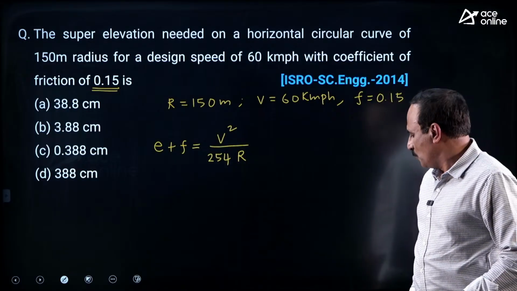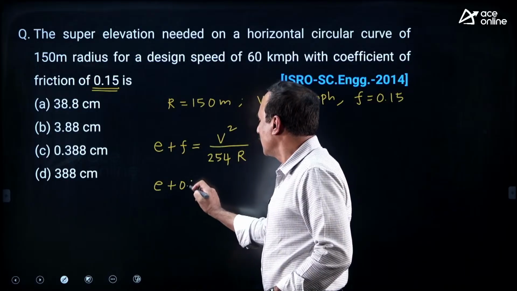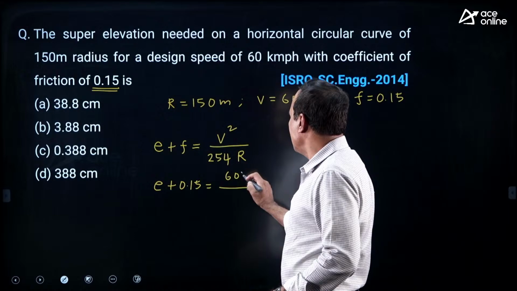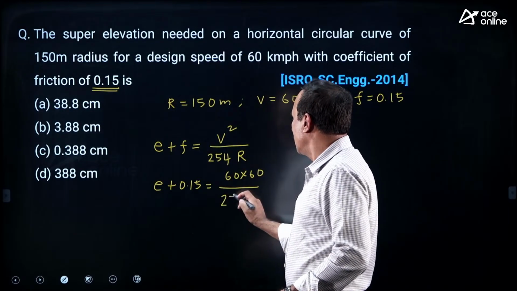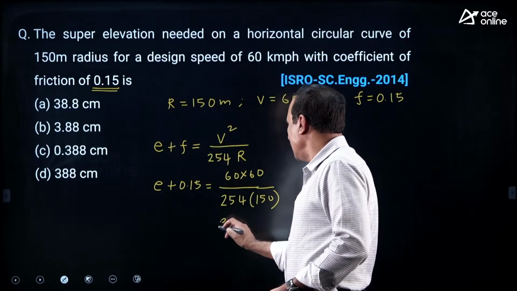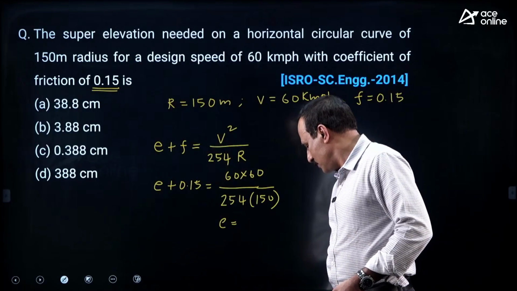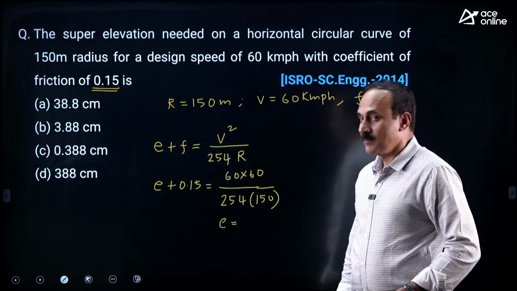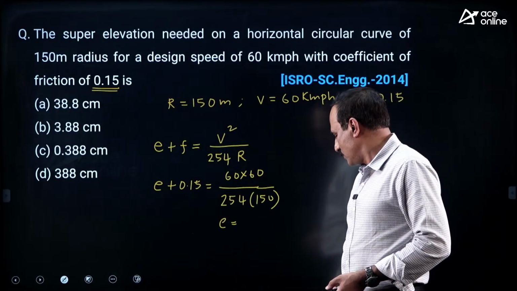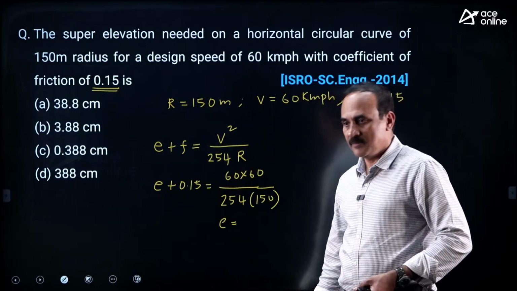So we need to find the E value. Friction is given as 0.15 and the speed is 60 into 60, divided by 254 into 150. Let us see how many of you simplify and give me the answer to this. Answer please.